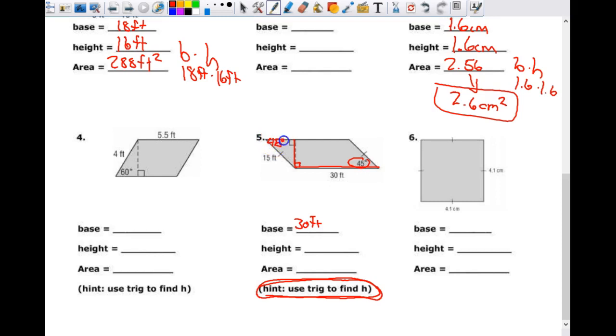So our reference angle is 45 degrees. We are trying to find this. That is our opposite, and our hypotenuse is 15. Which trig function is opposite and hypotenuse? Sine. Sine of our angle is equal to opposite over hypotenuse.